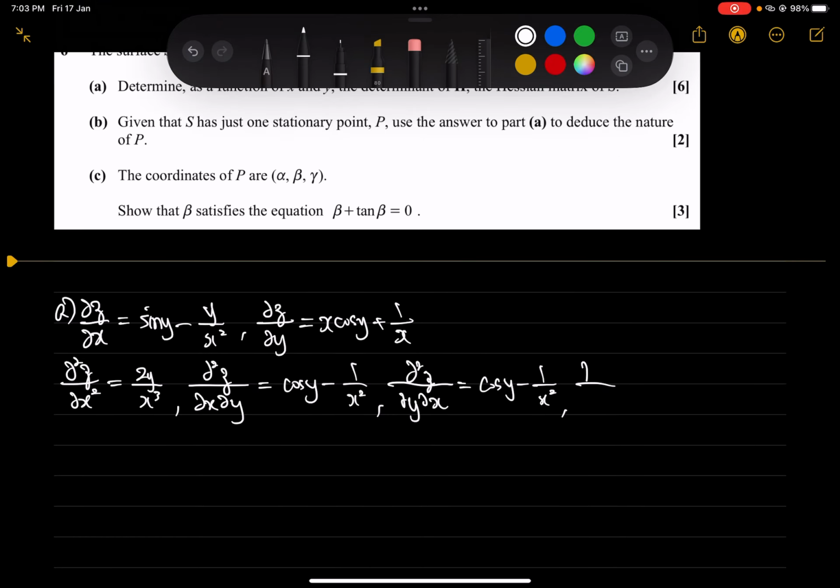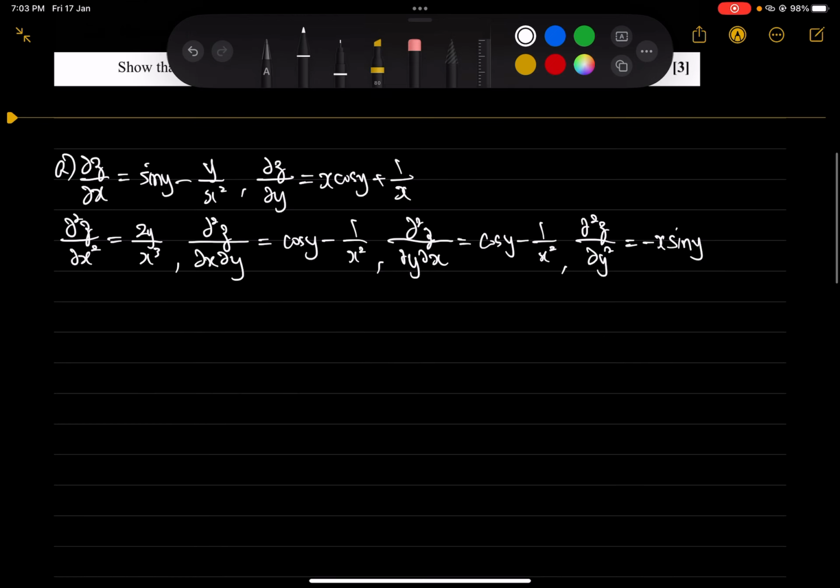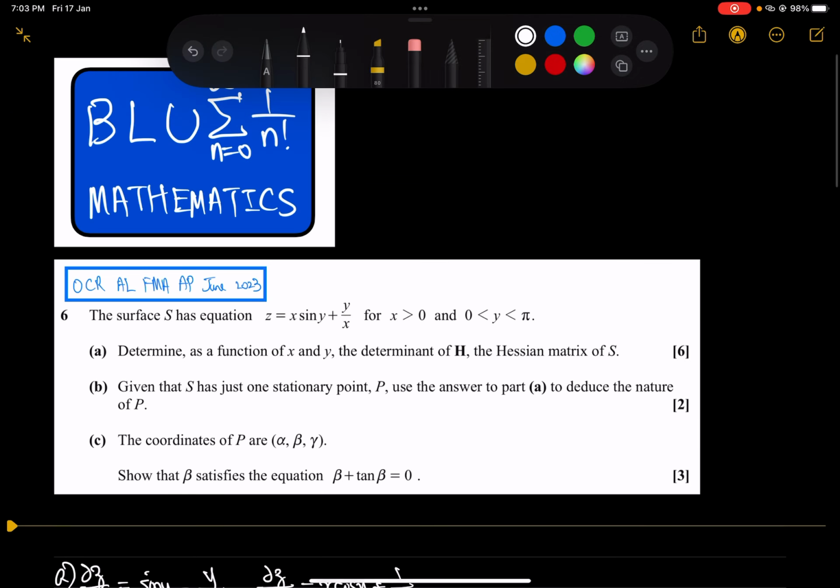And then ∂²z/∂y², we get negative x sine y and nothing else. So now we have the Hessian matrix H. Do we need to find the determinant?